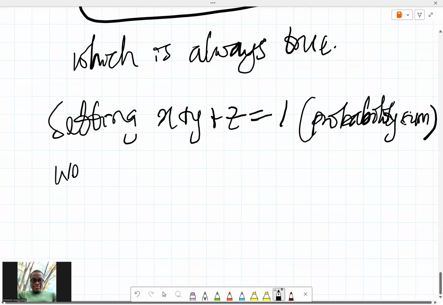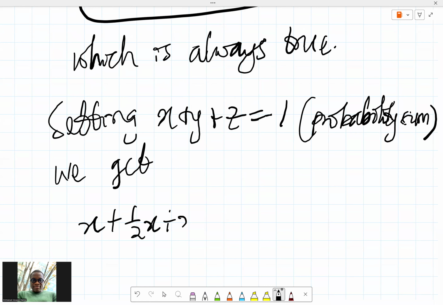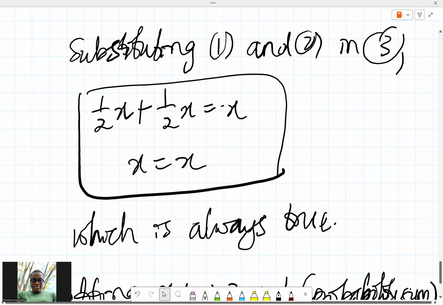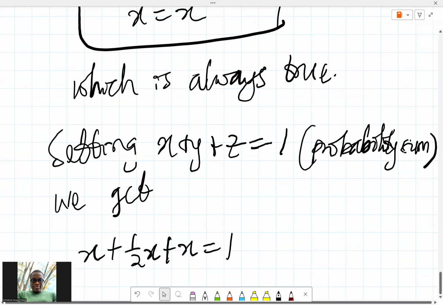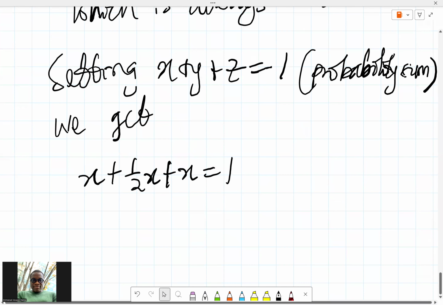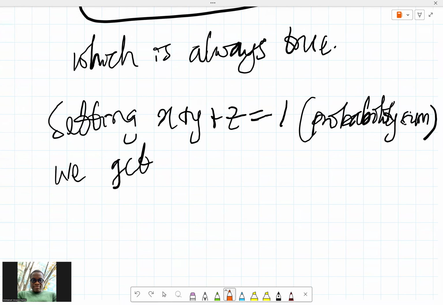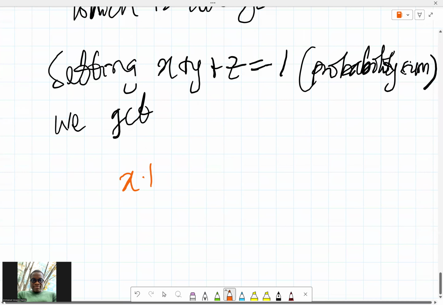So we get x plus half x plus x is equal to 1. I want to make that clear enough, so let's not jump. We know x plus y plus z equals 1, right?